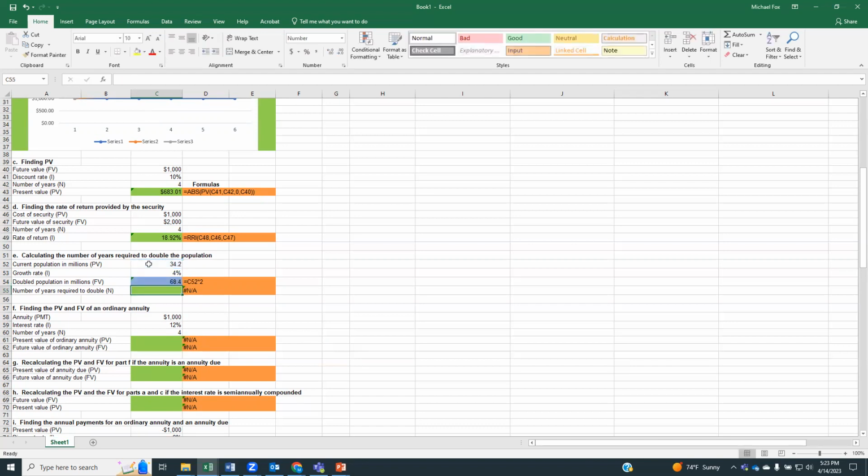So that's our doubled population. It's just the current population times 2. And then we need to figure out the number of years it takes to double that population. So there's an Excel function called NPER for number of periods.